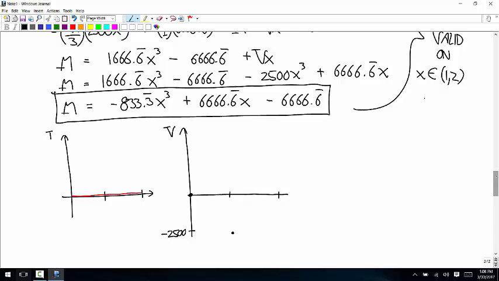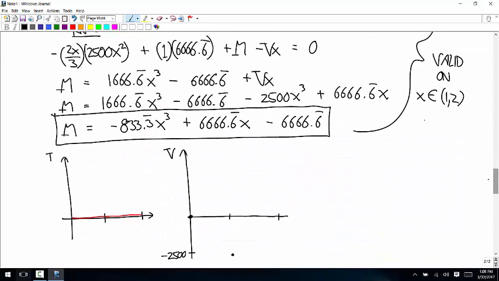And then jumps up to here and draws, I think it must look something like that.